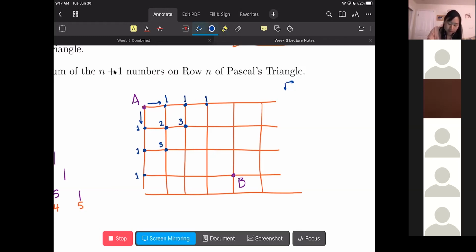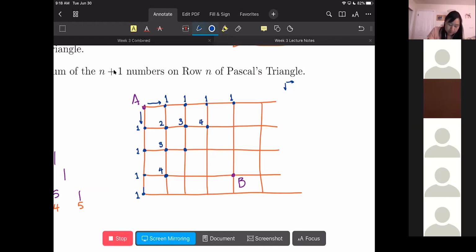Let's keep filling this in. Hopefully we'll see a pattern soon if you don't already see one. So there's 1 way to get to this point over here, 1 way to get to this point over here, right? What about this point over here? 4. And this point? 4 as well. Then what about this point? 6.